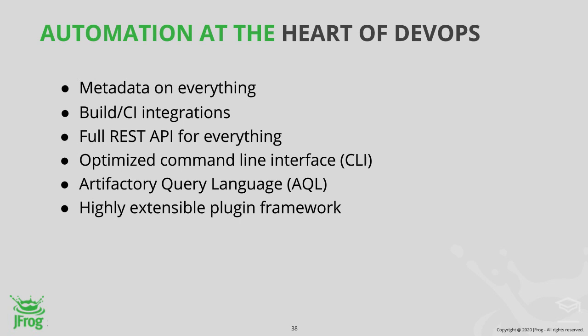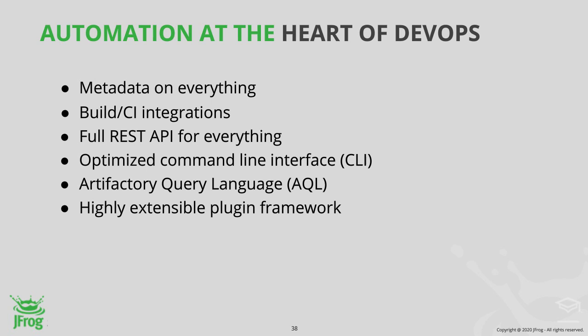We did see the metadata. We did see the build and CI integrations using a designated plugin. But there is also a full REST API that is highly documented. And actually, everything that you see me doing on the UI using the GUI of the platform is utilizing the REST API under the hood. So the REST API is obviously more extensive than that, but even the UI is using the REST API.